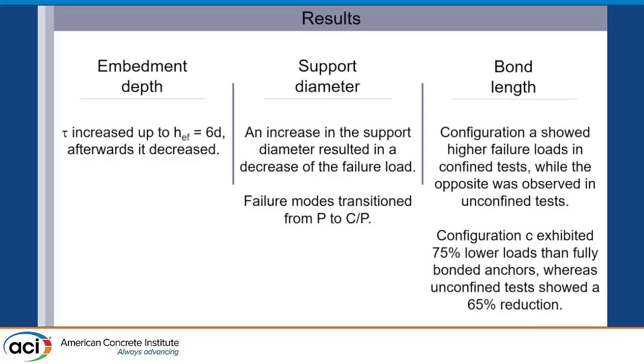In the tests with bond length, as I mentioned before, configuration A had higher failure loads for the confined test setup, whereas configuration B did for the unconfined test setup. And lastly, configuration C exhibited 75% lower failure loads compared to the fully bonded anchors in the confined test, and the unconfined test showed a 65% reduction.